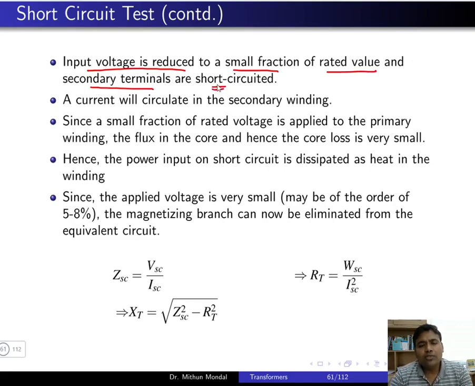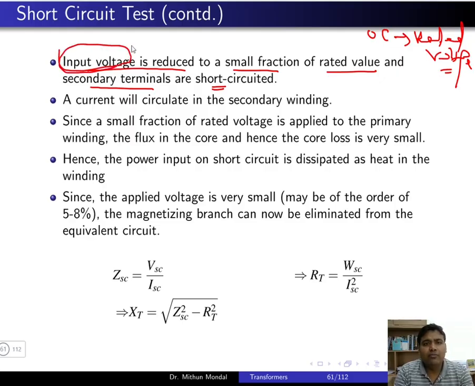If you remember the open circuit test, we did it at the rated voltage condition. Here in the short circuit test, the input voltage has to be kept very minimum, a small fraction of the rated value, and the secondary terminals are short circuited.